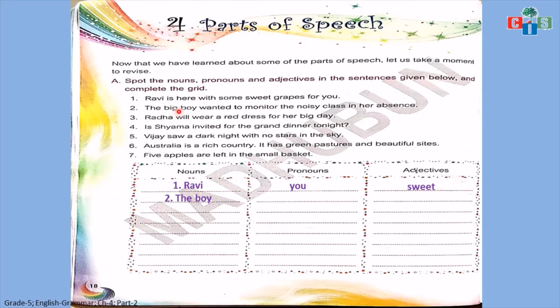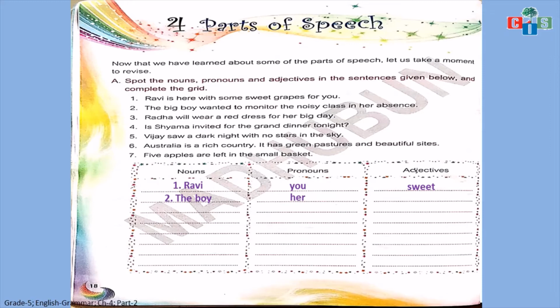Next, what we have to find out? Pronoun. The big boy wanted to monitor the noisy class in her absence. Her is someone else, right? So the word her comes in place of a noun, so it can be called a pronoun here. Okay, her is working here as a pronoun.